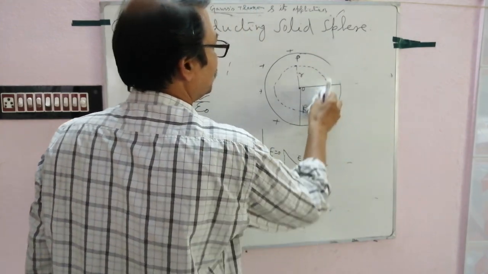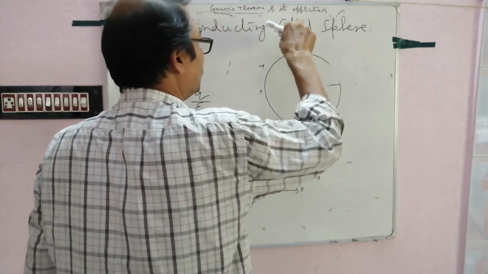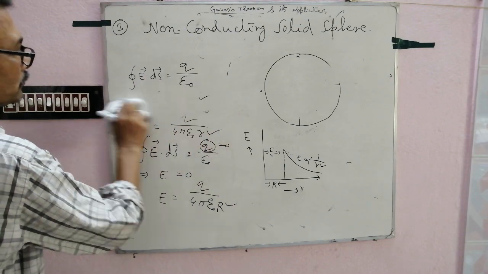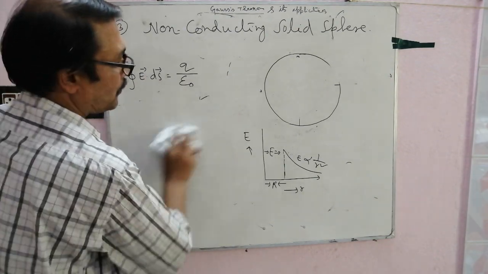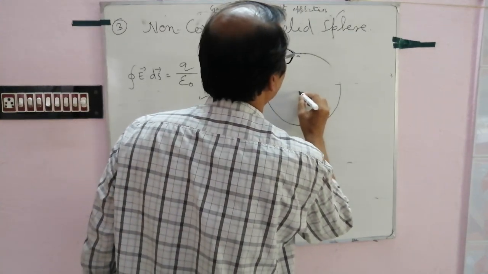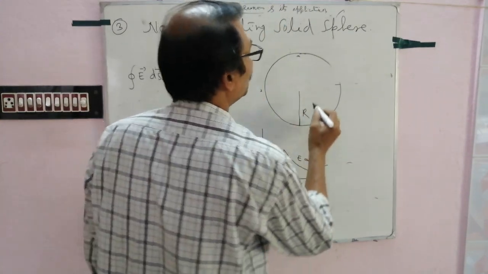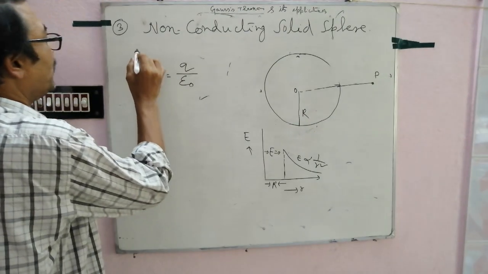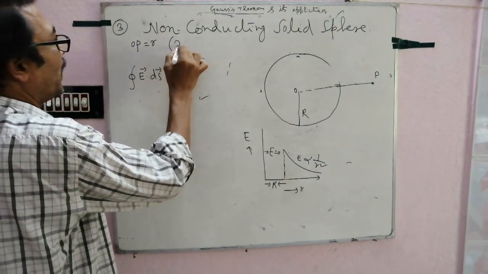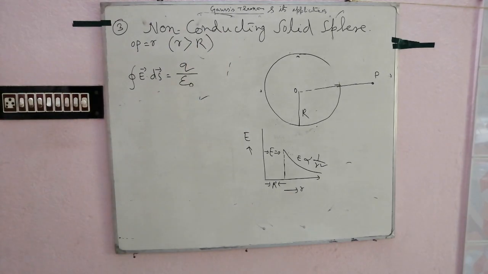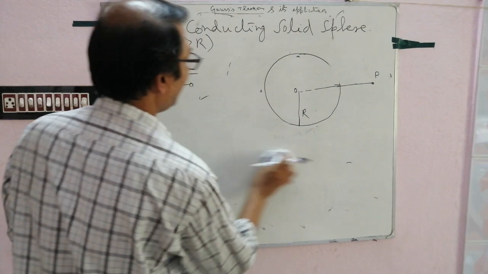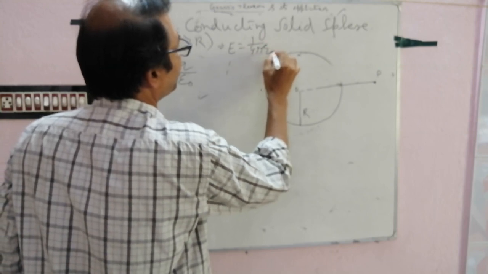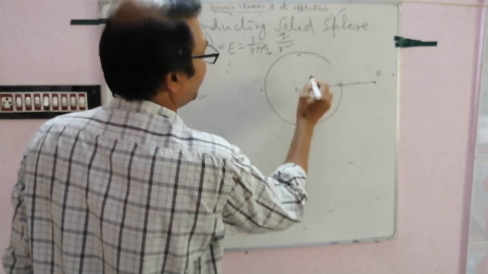In this figure, this is a non-conducting solid sphere of radius capital R. We have to find the electric field at P at a distance OP equal to r, where r is greater than R. Just like the previous case, that is the spherical cell, it will be the same, equal to 1 by 4 pi epsilon naught Q by r square.